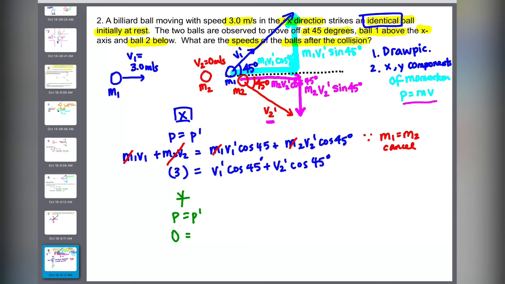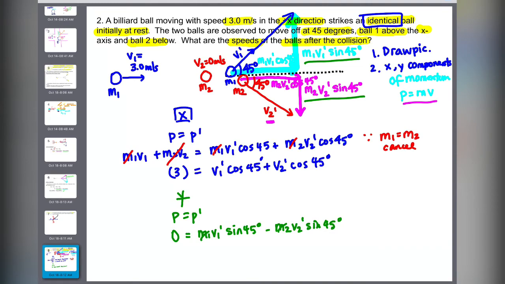So I'm going to subtract the two. I'm going to go up minus down. So up, which is the sine 45 going up, and then minus the down, m2 v2 prime sine of 45. Okay, m and m cancel.